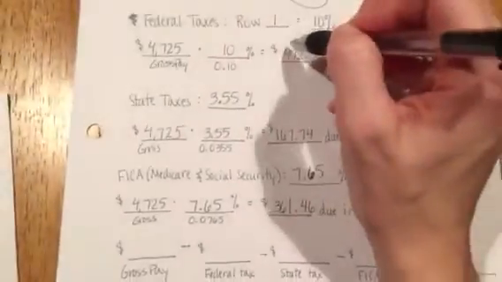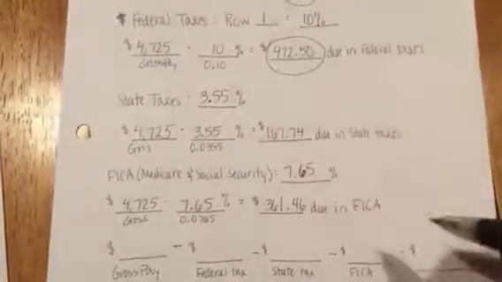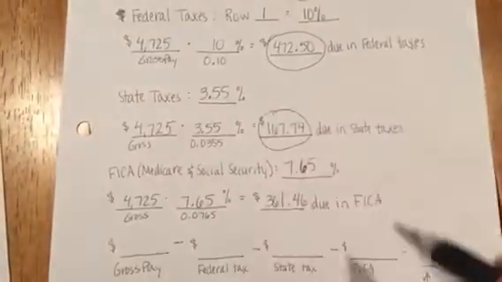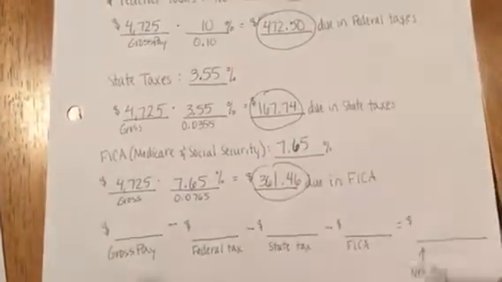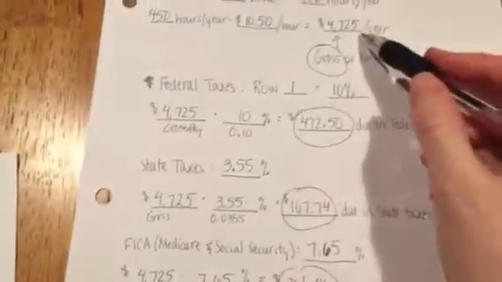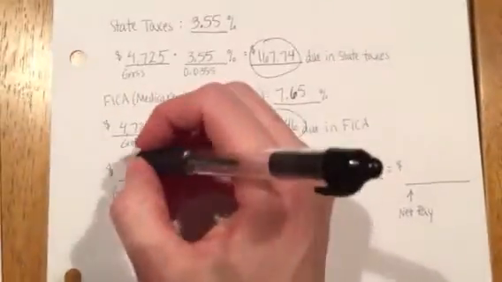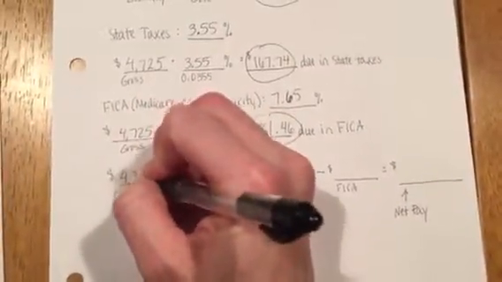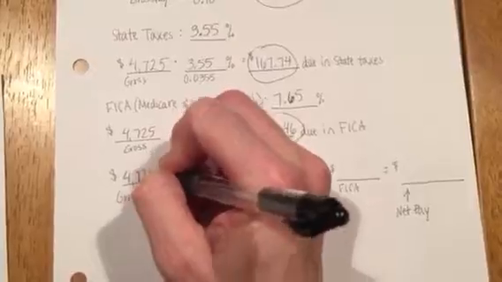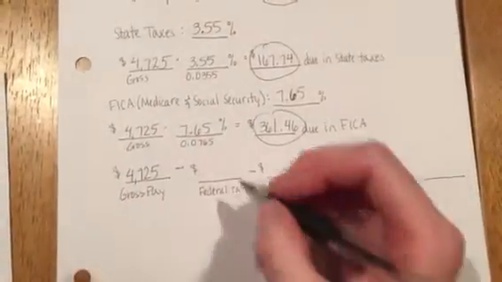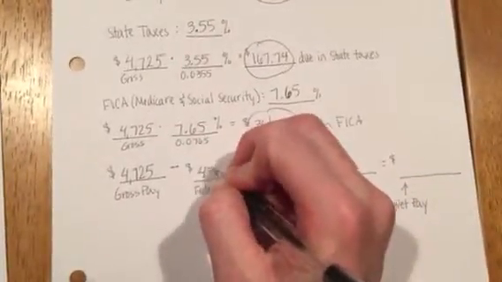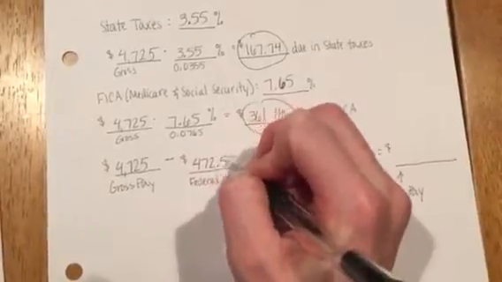Okay, so we had this amount due in federal taxes, this amount due in state taxes, and this amount due in FICA. So what does that do to our gross pay? Like, what does that end up that we actually are taking home? We're going to figure that out down here. So we put the gross pay in first, $4,725, subtract what we owe in federal taxes, which was $472.50.